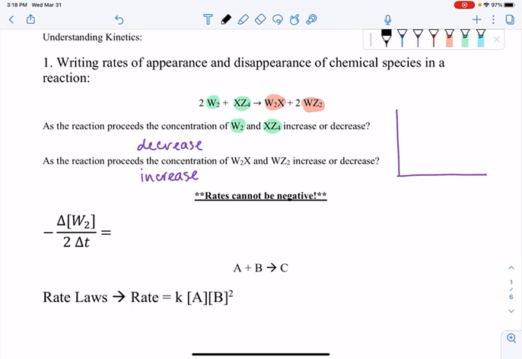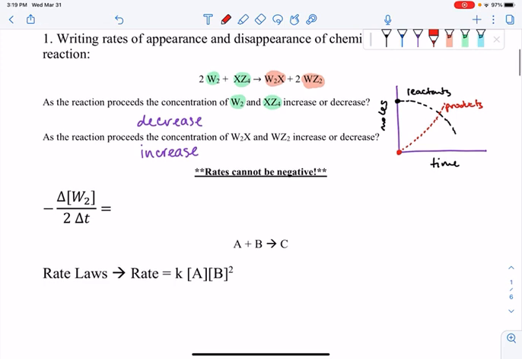So we start with some amount of, we'll say this is moles and this is time. We'll say this is reactants, and this is products. The reactants should decrease, the products should increase.